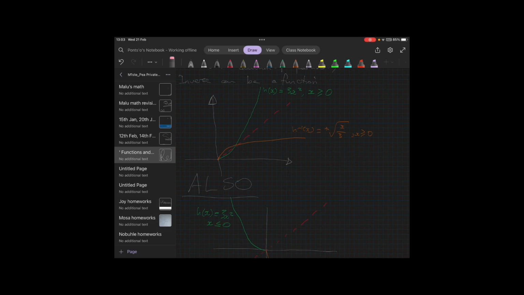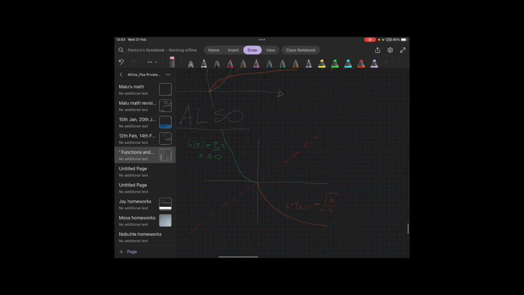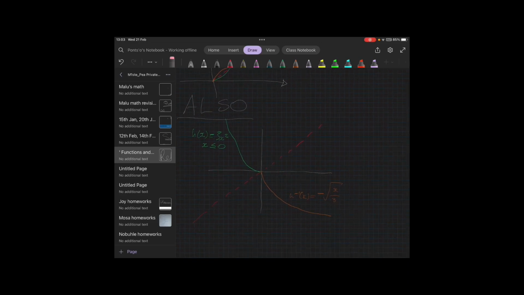So, in two cases where x is positive for the original function, then the positive of the inverse is a function and x is greater than or equal to 0. And for the part of the original function that is negative, then the negative half of the inverse function is a function.